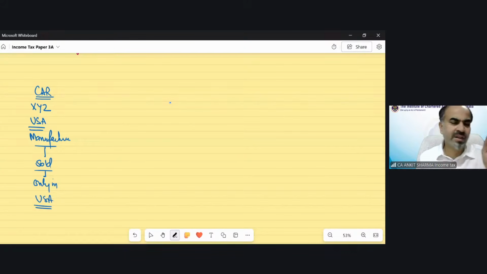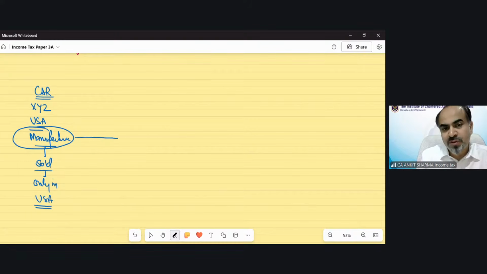They are not going to sell their car in India. The manufacturing is also done in USA. But of this manufacturing process, only one process they actually conduct in India.